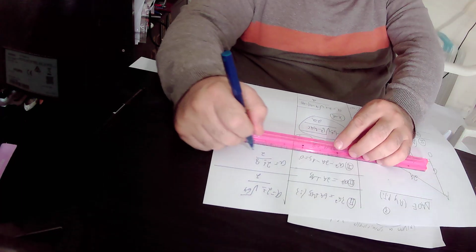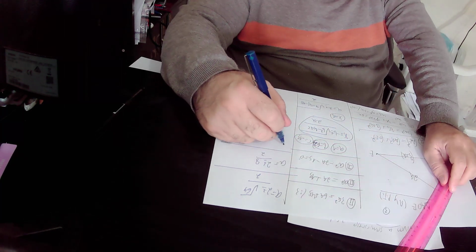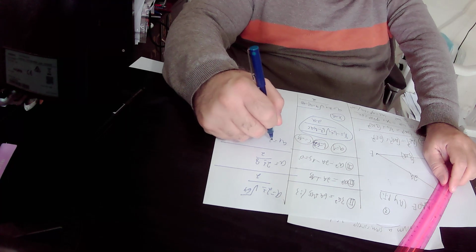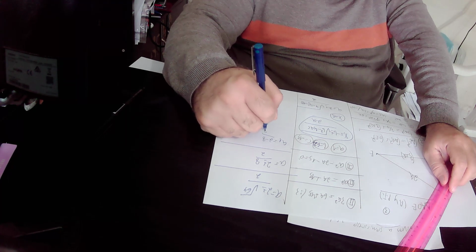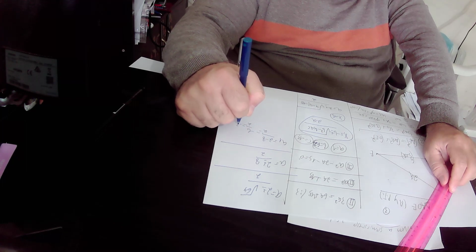We have two possible solutions for a. The first solution for a is a1 equals 2 minus 8 over 2. 2 minus 8 is minus 6, and minus 6 over 2 is minus 3.